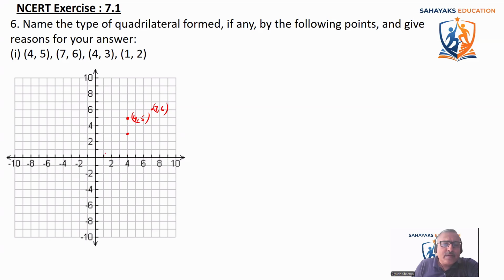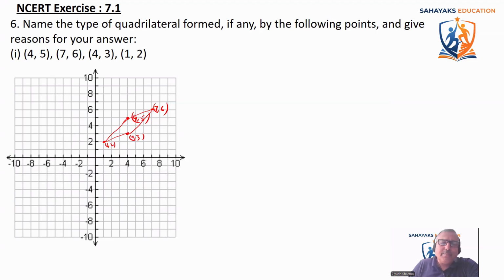Wow, looks great. If I join these points, this was 1, 2, and this was 4, 3. So this figure looks like, zoom, zoom, zoom. So you tell me, what does it look like?